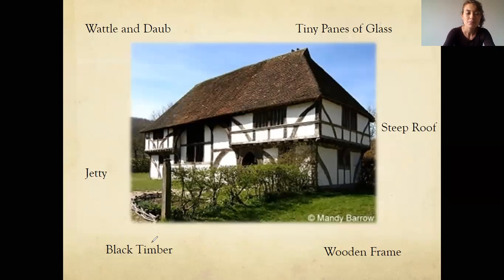So black timber. The black timber is this one, where we can find the black coat color here to avoid rotting. The wooden frame was everything here. So we know this is the wooden frame, and this one, it's to build the house. They used the wooden frame. The steep roof, this one, because the roof was like this.